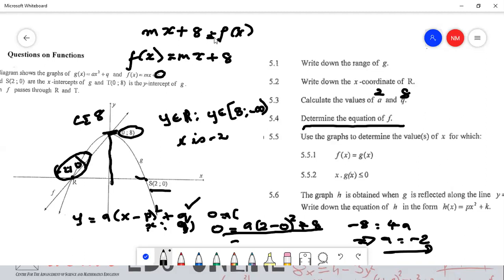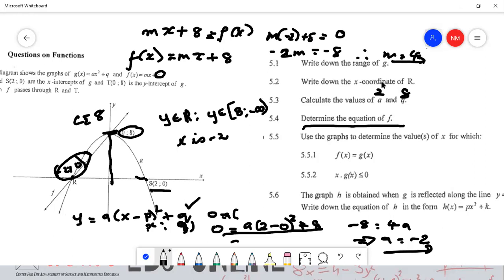So our y is 0, and m is unknown. Our x is negative 2, so 0 equals m times negative 2 plus 8. Which implies that minus 2m will be equal to minus 8. Therefore, m will be equal to 4.